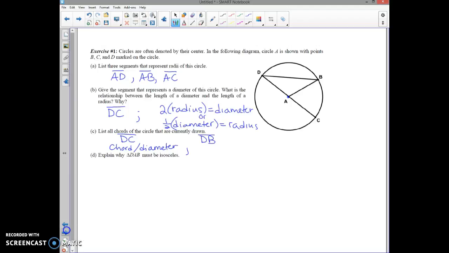And explain why DAB is an isosceles triangle. DA is a radius and AB is a radius. So you would say, since we'll go with the center first, AD equals AB, because they are radii, then the triangle is isosceles.